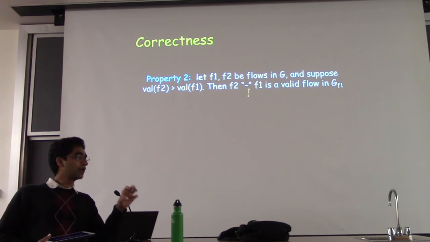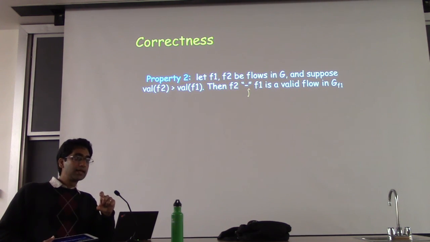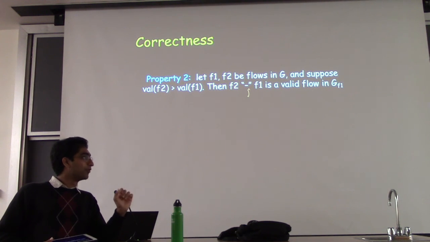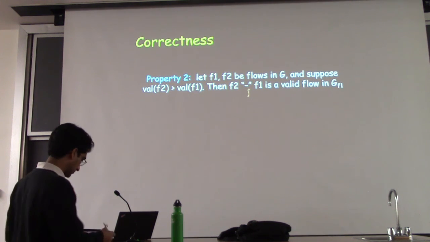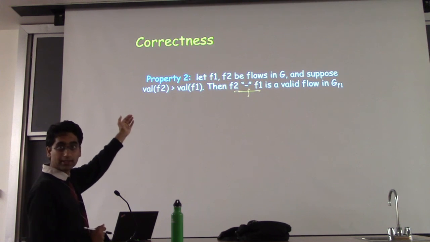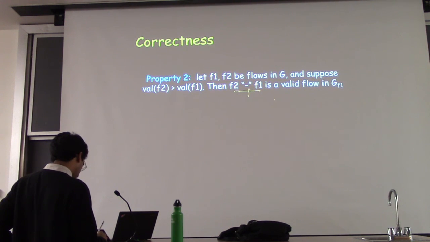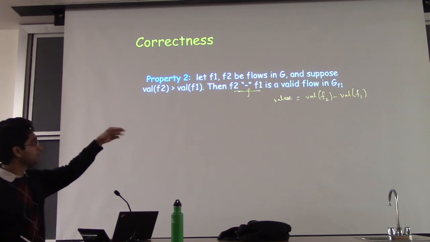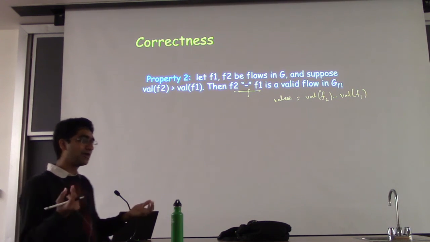So you take any flow that's not the max flow, then in the residual there is always a valid positive flow, which we will call f2 minus f1. I have to define what it is, and its value will be val of f2 minus val of f1. It's kind of like the plus, but now it's a minus. It's defined the same way as the plus.